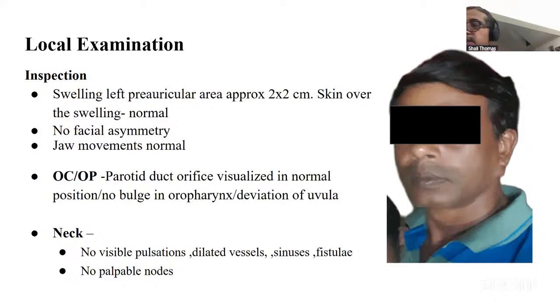Similarly, you should try for a bidigital palpation of the parotid duct also. It may not be very significant, especially in calculus diseases or inflammatory conditions, only when you press there will be pus discharge. So for completion's sake, you have to do the bimanual palpation to know whether the deep lobe is enlarged, and the bidigital palpation for the parotid duct.